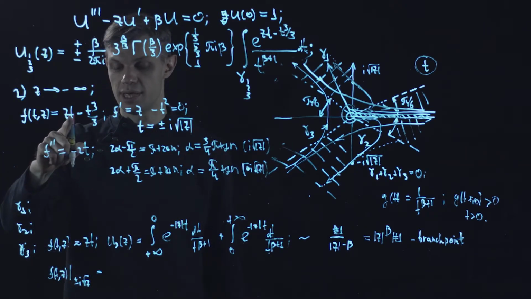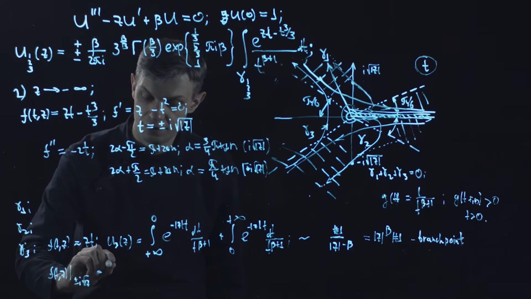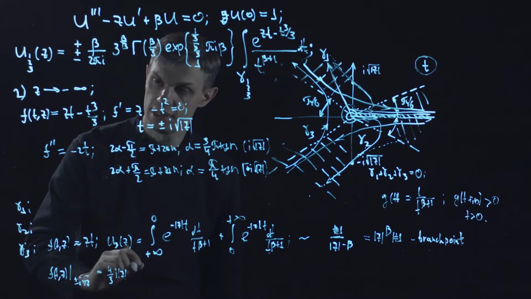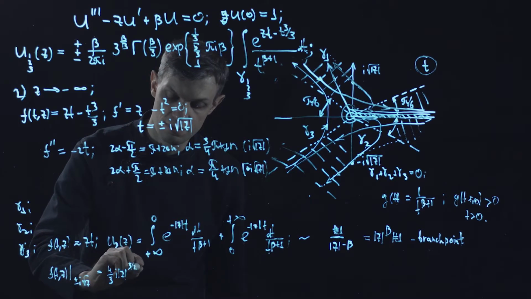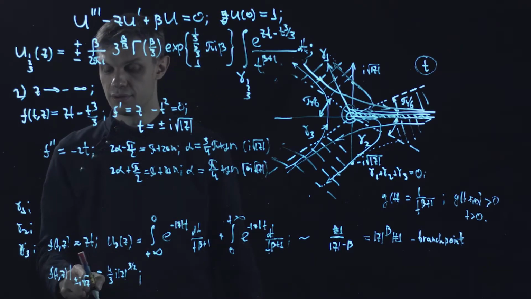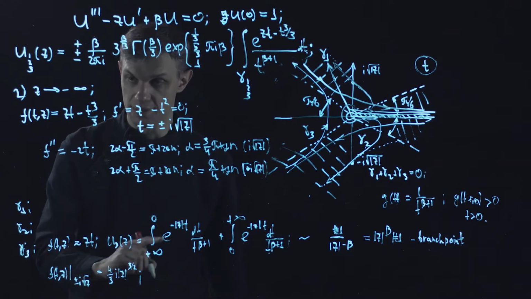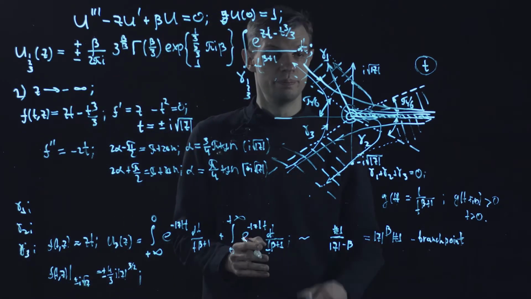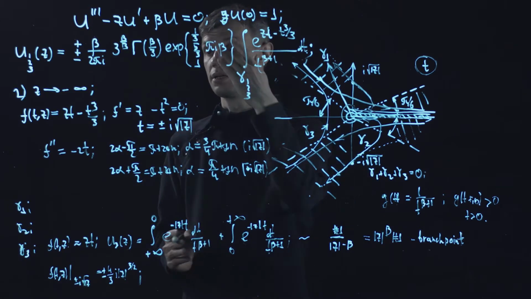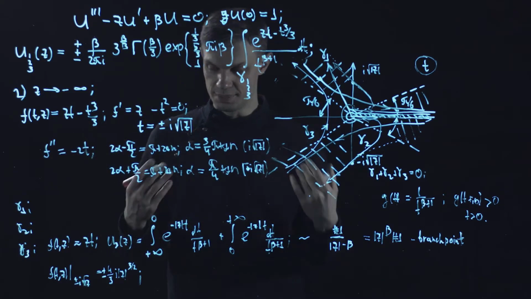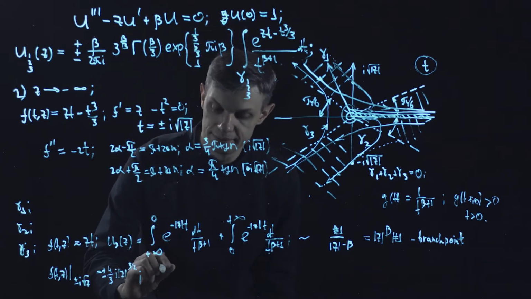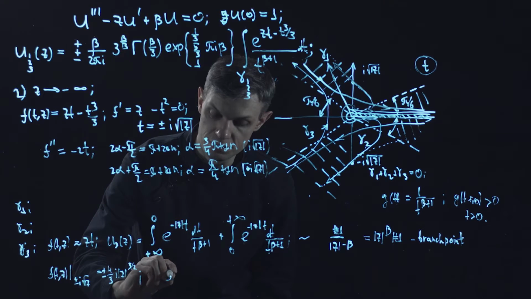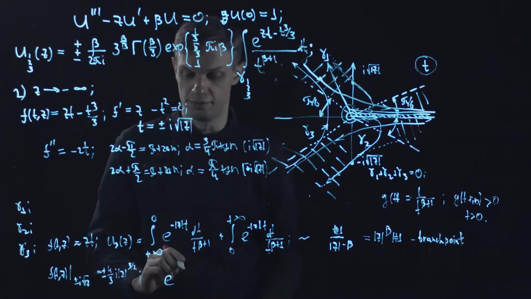For the plus sign, we get 4/3 i modulus of z to the 3/2. And that's for the plus sign, and for the minus sign, we get the same thing with the minus sign. So each saddle gives a complex conjugate expression, and the final answer will be proportional to the contribution of both of them.